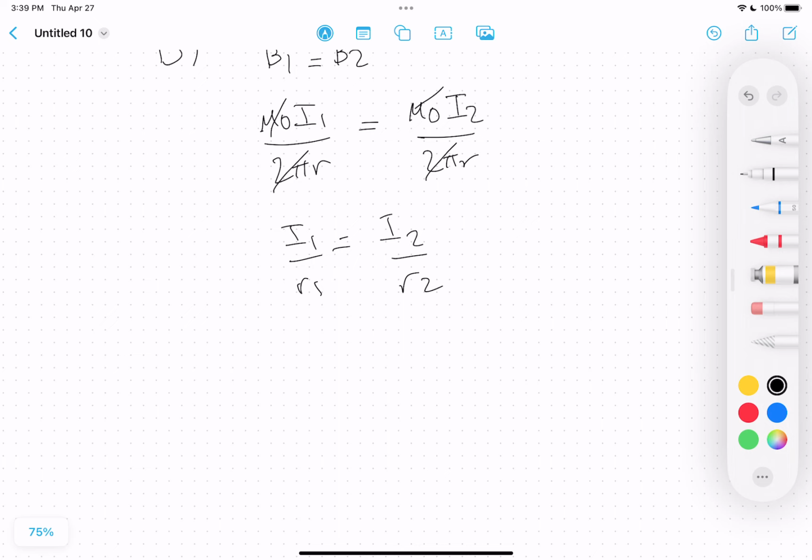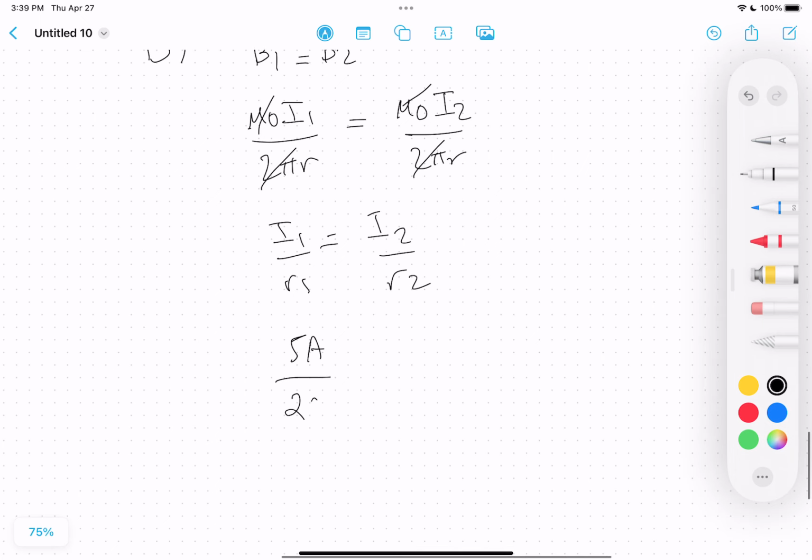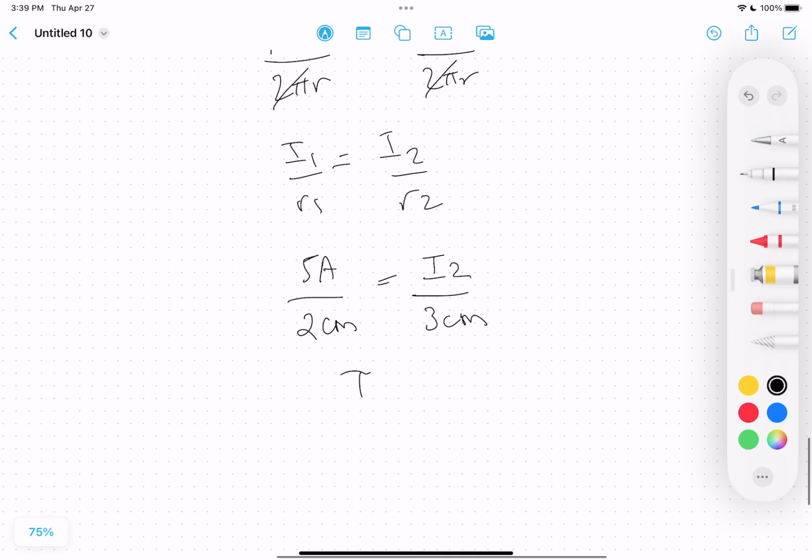I1 is 5 amps and R1 is 2 centimeters. You don't have to convert to meters in this case because they're just ratios. So 5 amps divided by 2 centimeters is equal to I2 divided by 3 centimeters, and that gives you I2 is 7.5 amps.